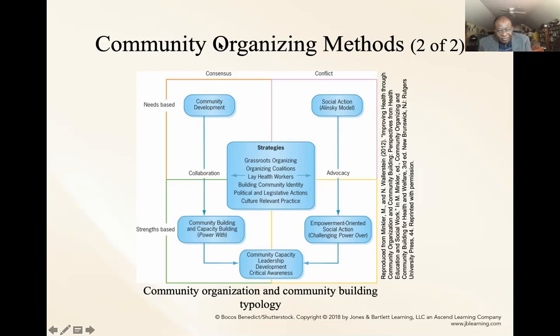It's not, oh, now we've selected leaders and therefore let them run the show. No, no. You select leaders to act as facilitators, but everybody within the community has a role to play, and everybody should play their role in the best way possible to achieve the goal. That's the bottom line. Anything less than that, you have a problem in your community building. Okay? Empowerment-oriented social action.